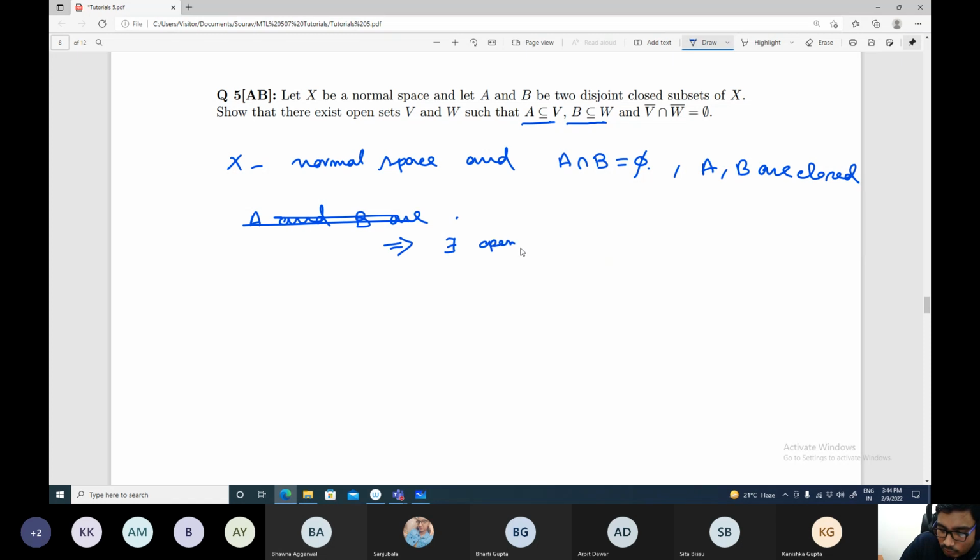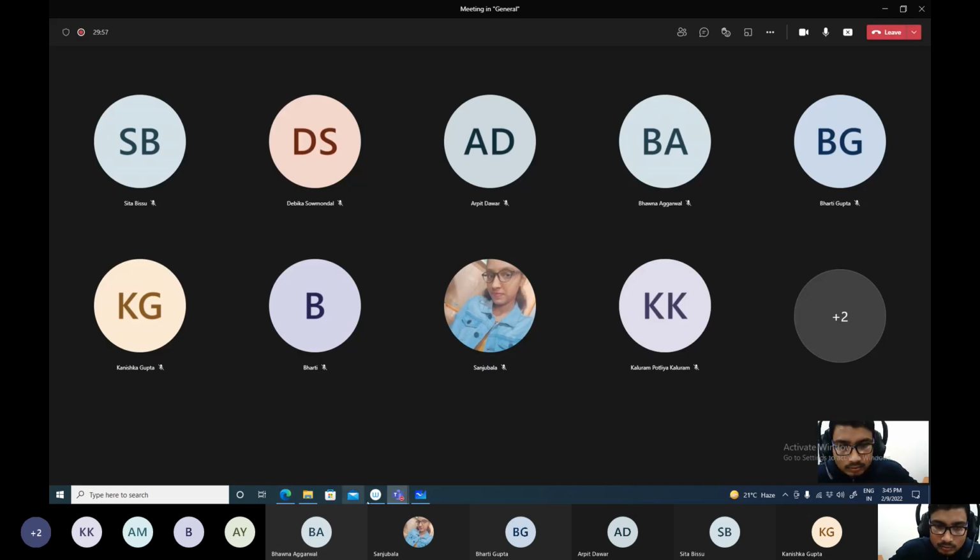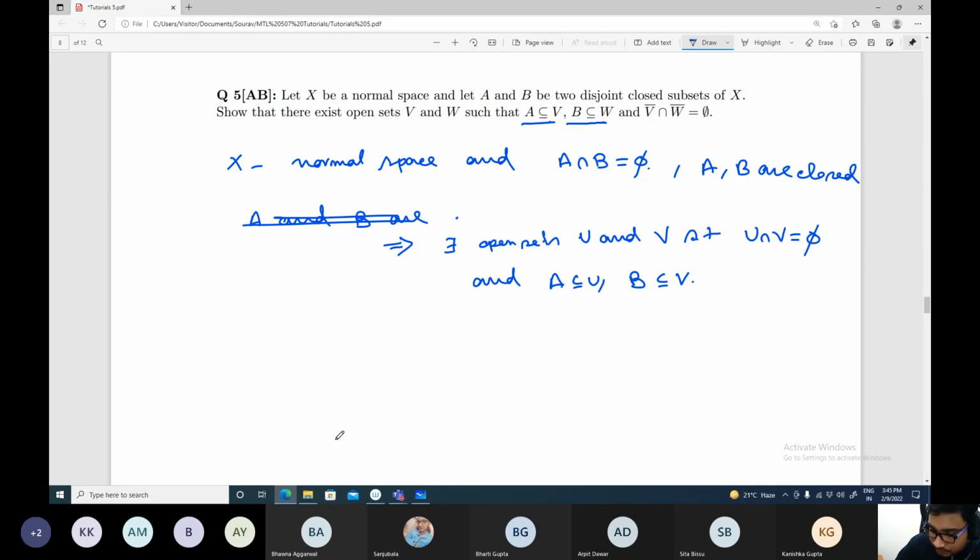This implies there exist open sets, say U and V, such that U intersection V is empty and A is contained in U, B is contained in V. Now V is open in X, also U is open in X. So U complement is closed, and V complement is closed.